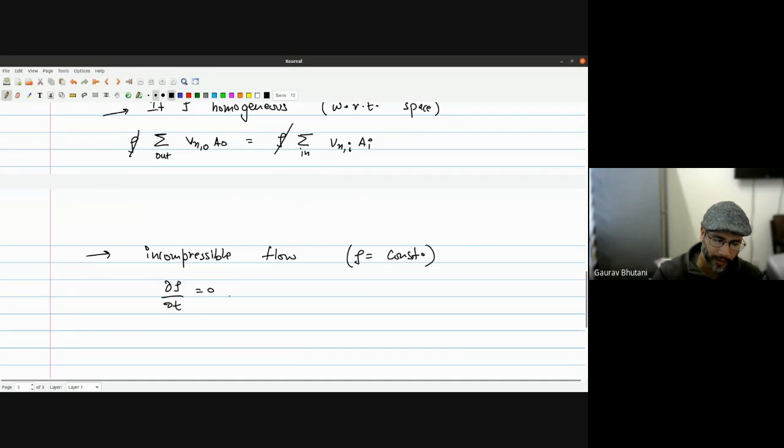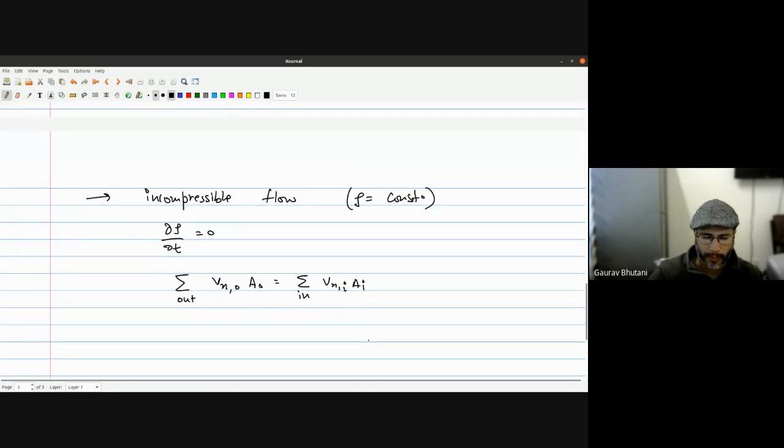Right? So your conservation of mass equation again becomes this. Same form.